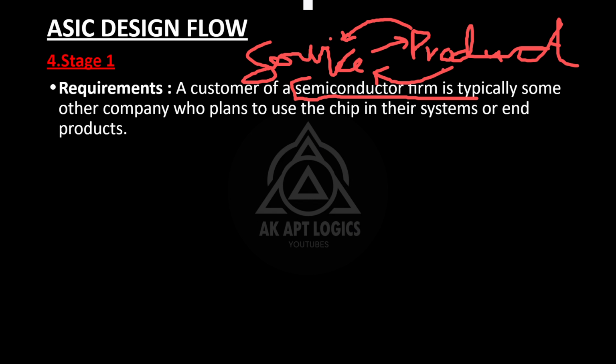Then the product based company uses that design and generates the IC. So the product based company gives the instructions to the service based company. It means they need requirements, right? Whenever the service based company is doing the project for the client, the product based company will get the specifications or requirements from the users.